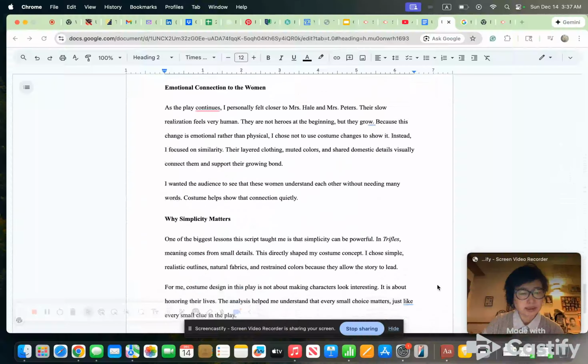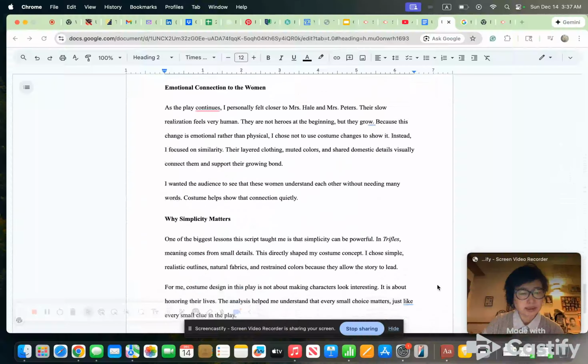I feel her presence strongly through the kitchen and the objects left behind. This made me think about how costume can suggest a person without showing them. So warm fabric, careful mending, and simple shapes all help tell the story of a woman who worked hard and lived quietly.